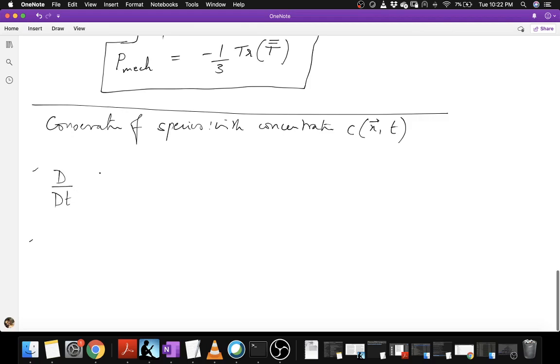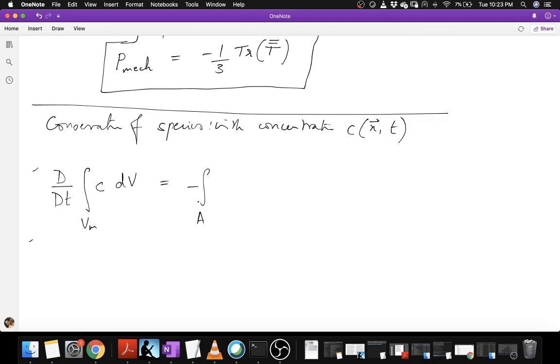directly in mathematical language the material derivative of the integral over the volume. So this is the concentration, let's say, moles per unit volume of the given species, dV, must be given by the flux over the area.